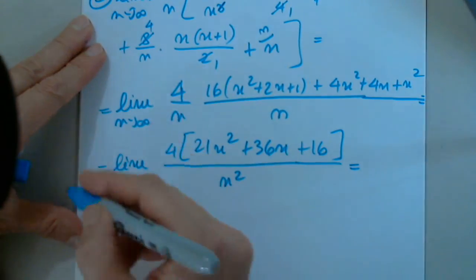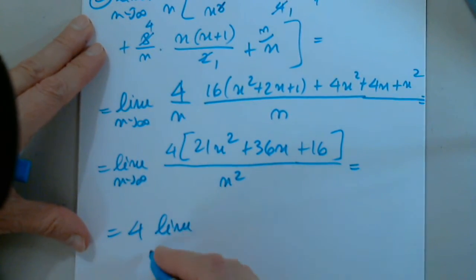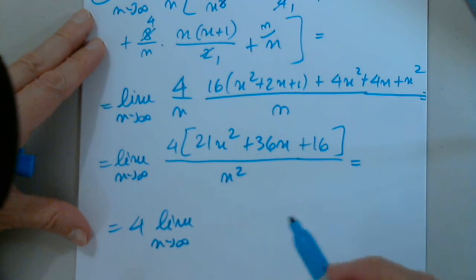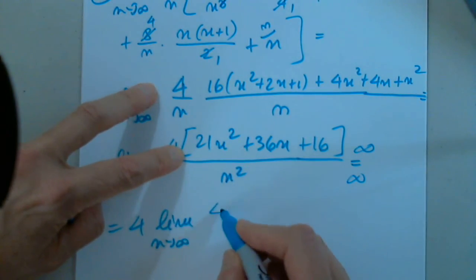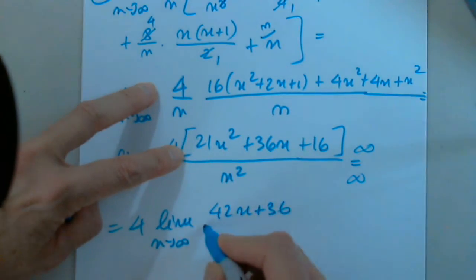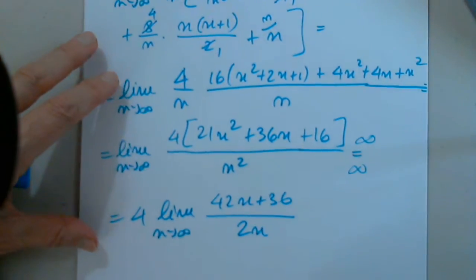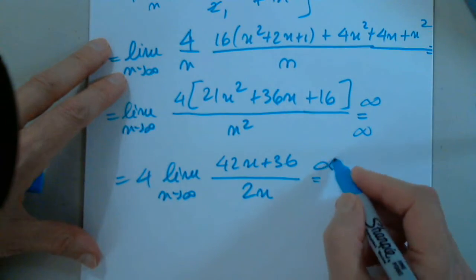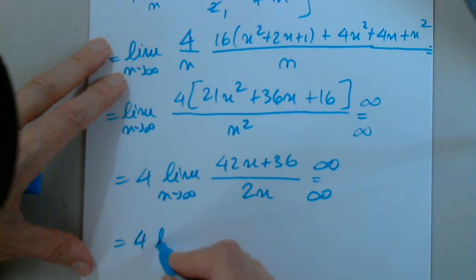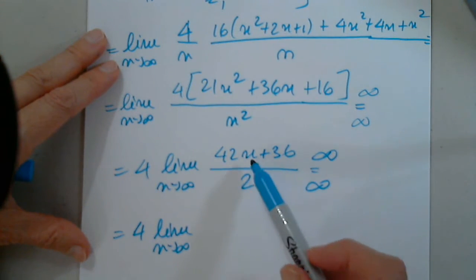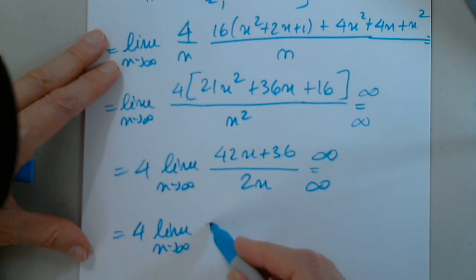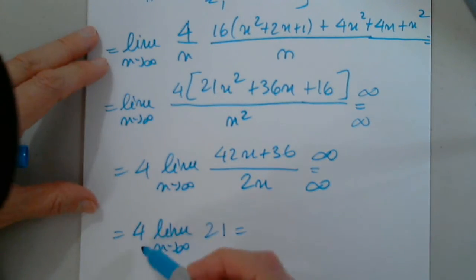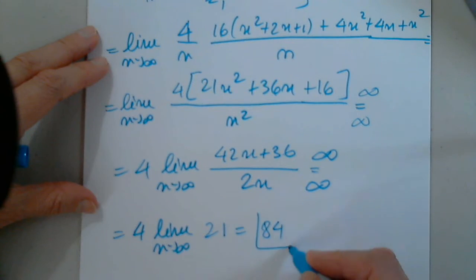Okay, 4 can wait outside. Limit as n approaches infinity. So I have infinity over infinity. The numerator differentiated is 42n plus 36. The denominator is 2n. I know the answer, but let's do it one more time. So this is 4 times the limit as n approaches infinity of 42 over 2, because the derivative here is 42 and the derivative here is 2, so this is 21. So 21 times 4 is 84.